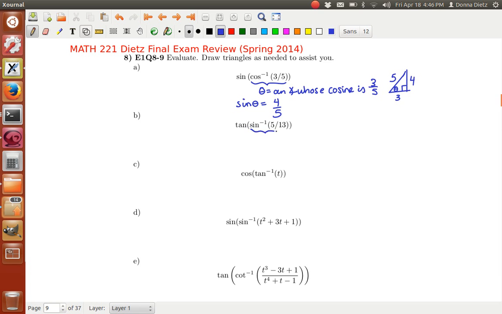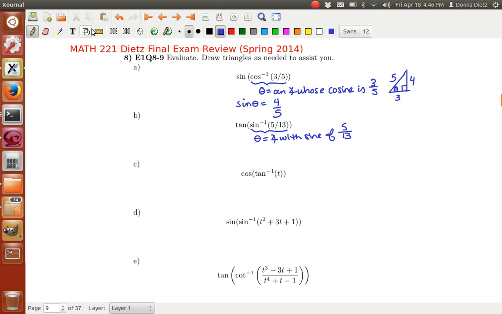All right, let's try it again. Next question: an angle whose sine is 5/13. Here's my theta. Sorry about the messy drawing.